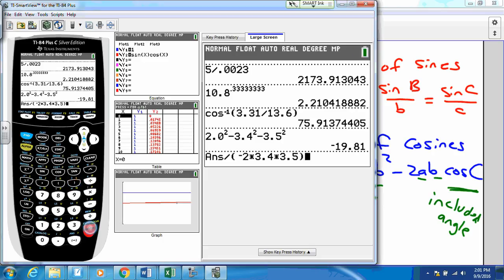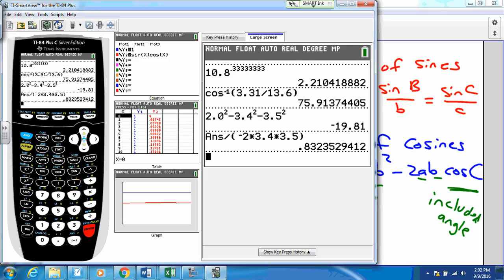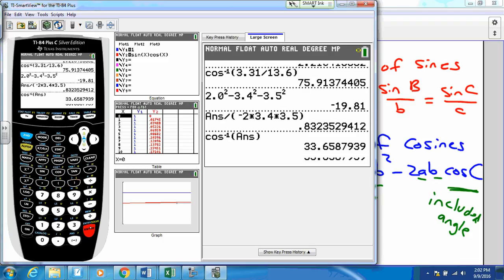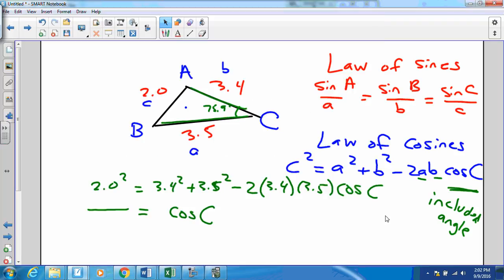There's your negative 2ab. And this gives you the value of the cosine of the angle. And we use the inverse cosine to find that angle. And that gives us 33.7 degrees. That's not bad. Let's call that 34 degrees.